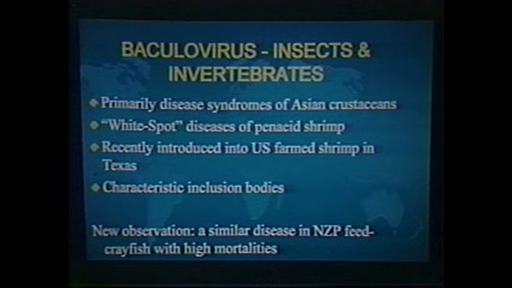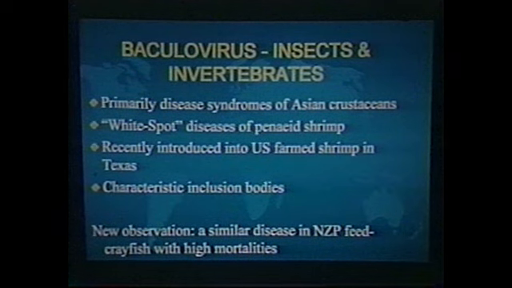Unfortunately, this virus was recently introduced into the U.S. in farm shrimp and produces a lethal disease called white spot, which decimates populations of shrimp being produced for the shrimp industry.